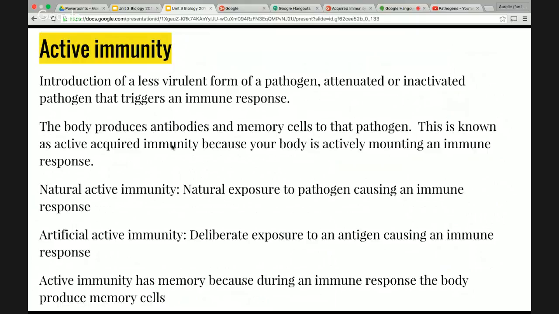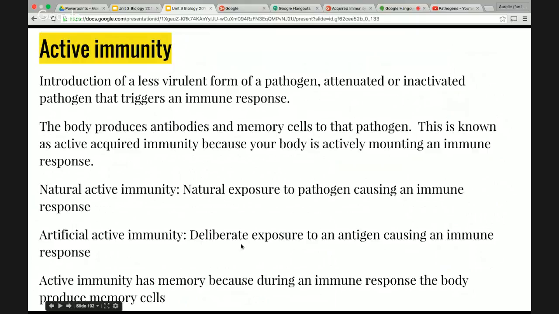Again, here there's natural and there's artificial active immunity. Natural active immunity is when you're basically exposed to a pathogen, like when you get sick, when you get the common cold, you're naturally exposed to the pathogen, causing an immune response. Artificial active immunity is deliberate exposure to an antigen causing an immune response.